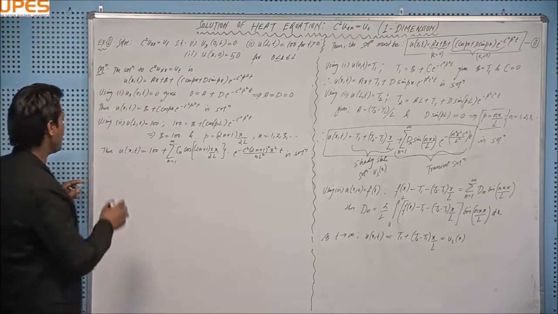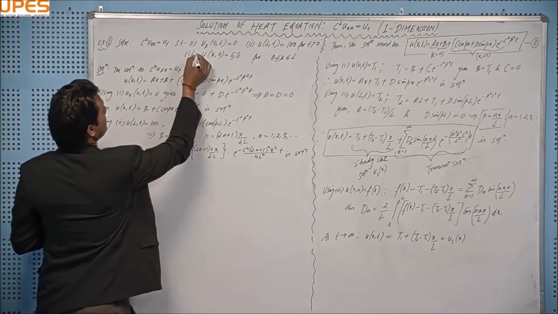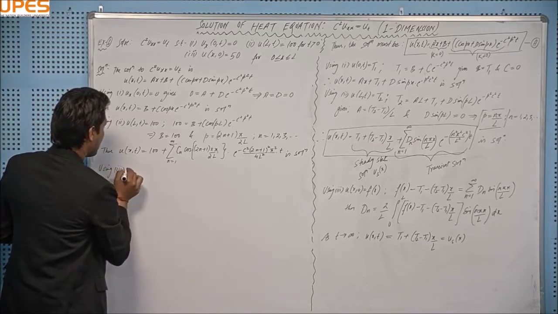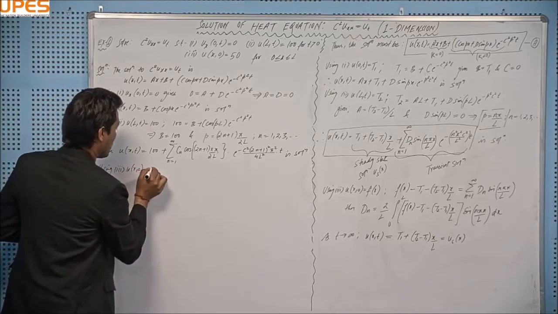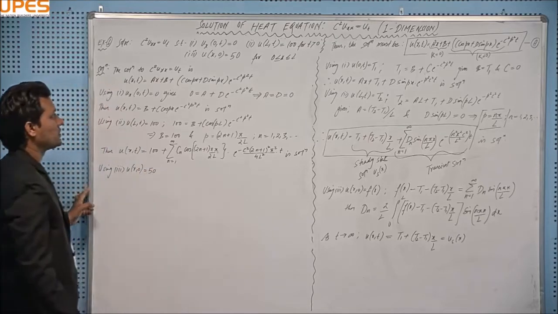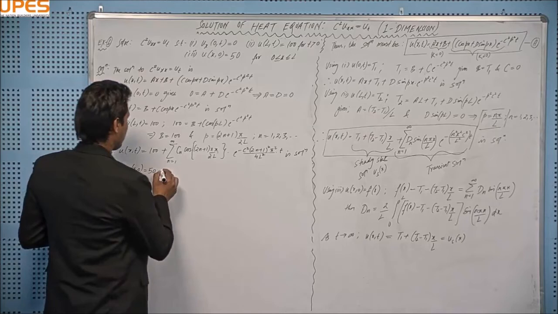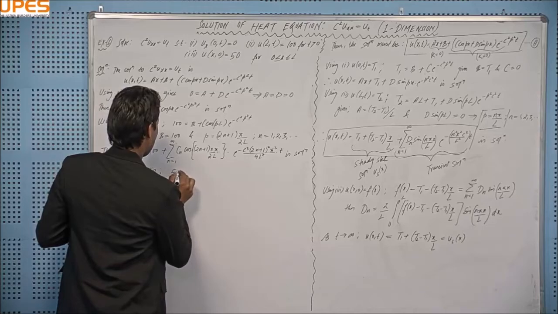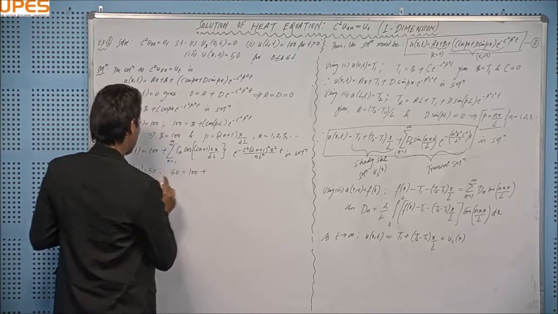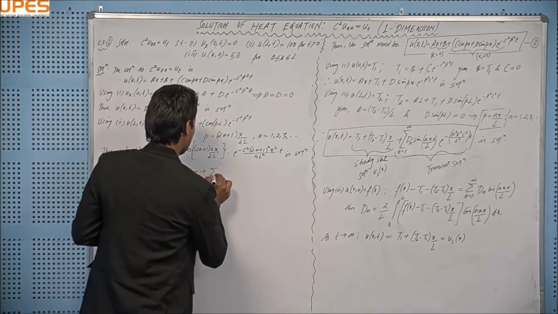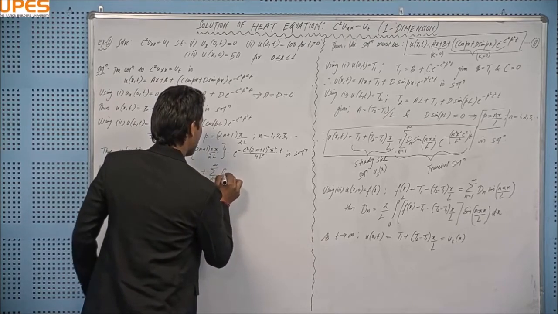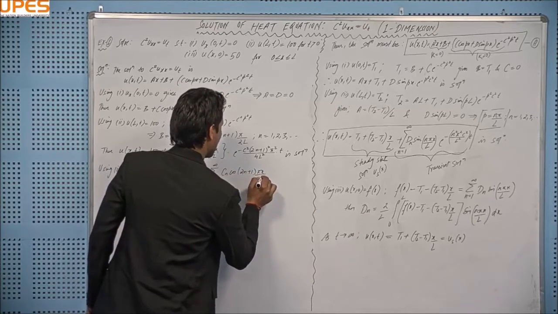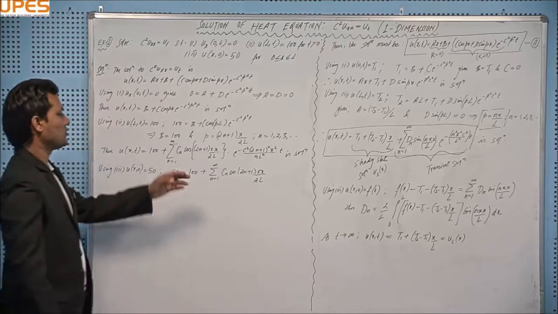Then using my last condition, this is my third condition, using condition number 3, that is u(x, 0) equal to 50, that will produce 50 equal to 100 plus, putting t equal to 0 here will give me summation n equal to 1 to infinity Cn cos of (2n plus 1) pi x over 2L, and the exponential will go to 1.